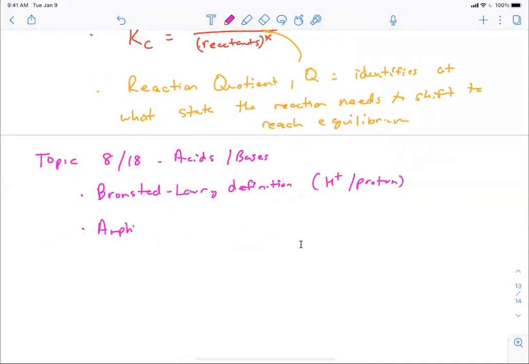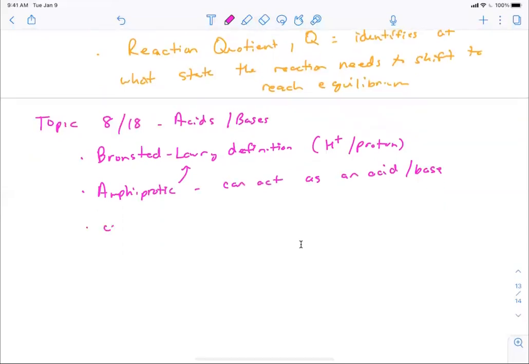Remember, we use the term amphiprotic in terms of Bronsted-Lowry, which can act as an acid or a base. Knowing what a conjugate acid base pair is, identifying that.